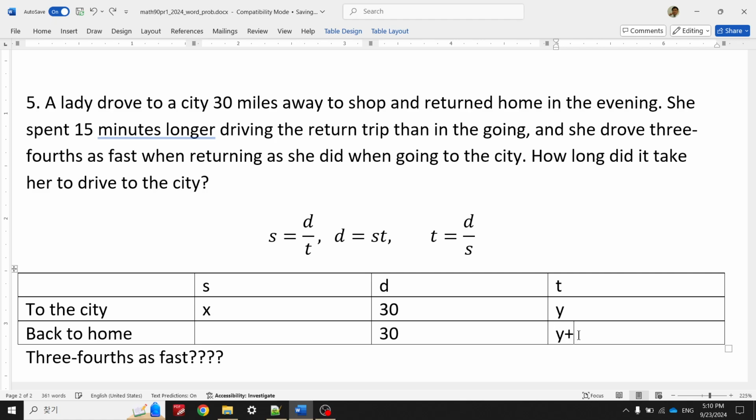Now there's something that I don't like about that. Yeah, if we use miles per hour, then we should really be using 1/4 of an hour. However, if we ditch miles per hour and go with miles per minute, which is an unconventional unit for speed, but you can do it.